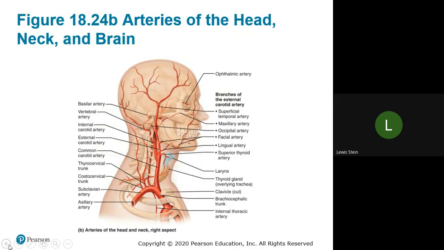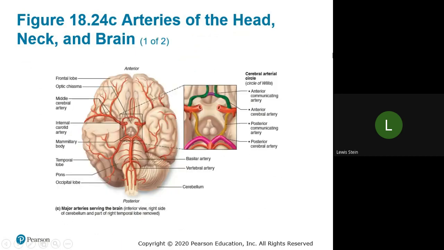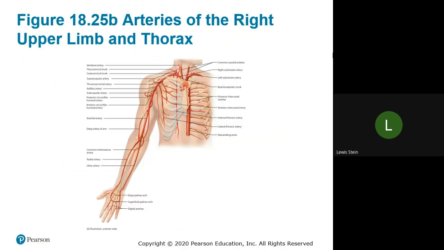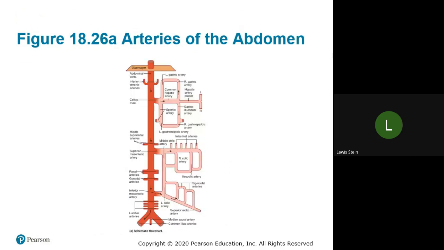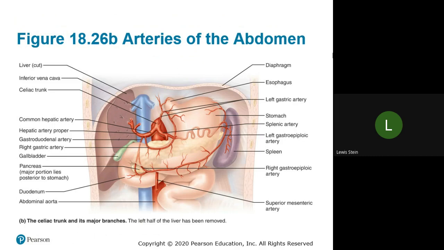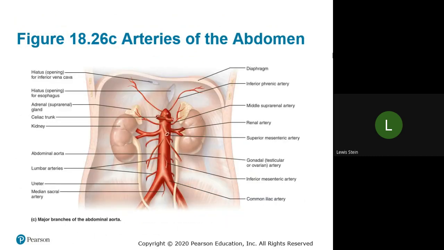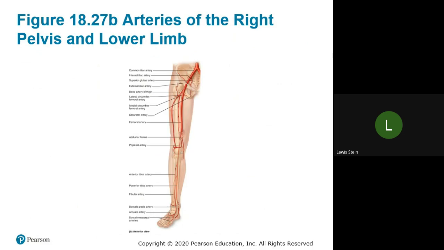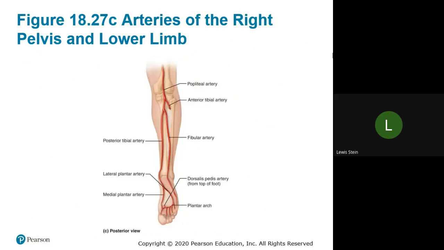I'll read them out. 1824B, as in boy. 1824C, as in cat. 1825B, as in boy. 1826B, as in boy. 1826C, as in cat. No, I don't use that one. 1827B, as in boy. 1827C. Good? I try to be.